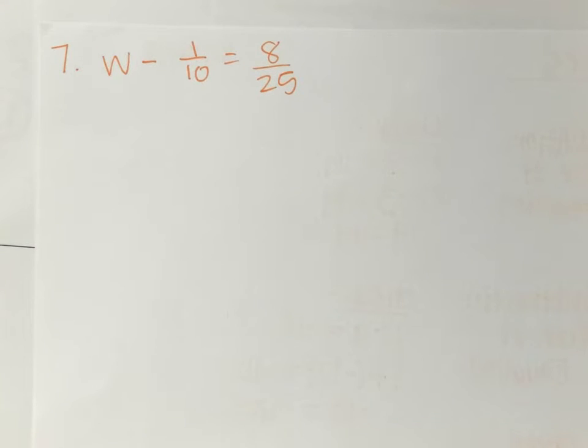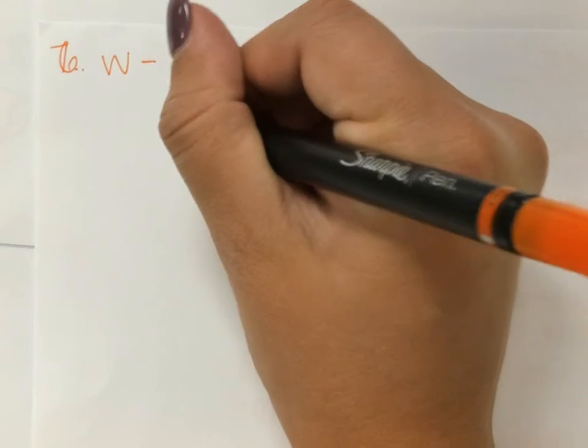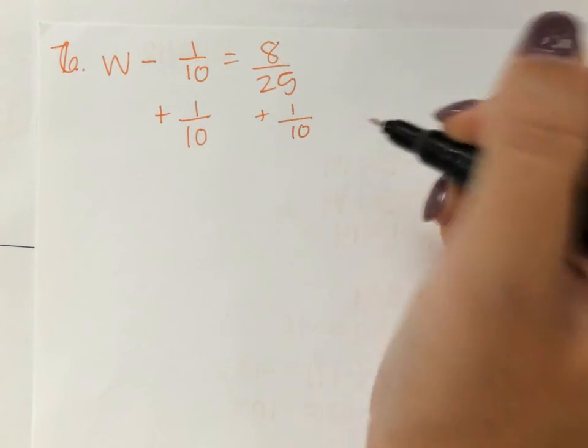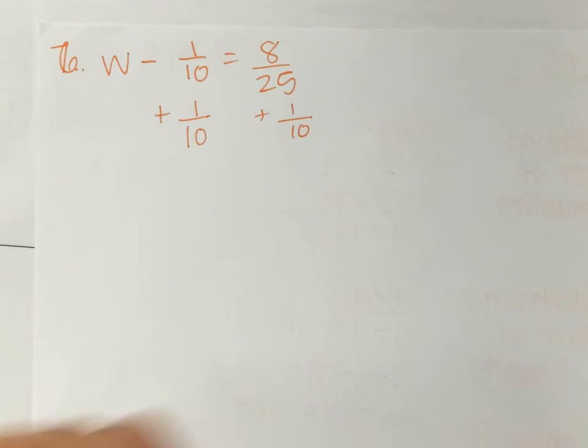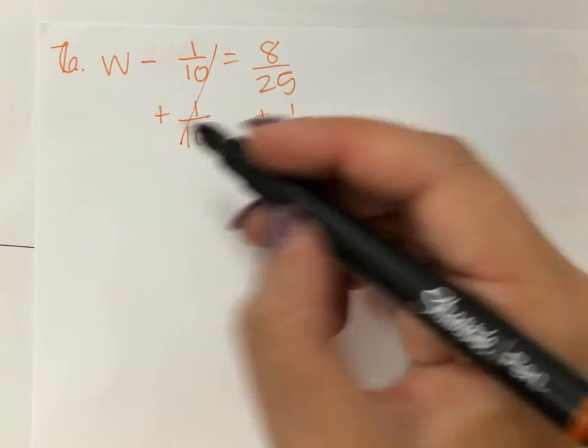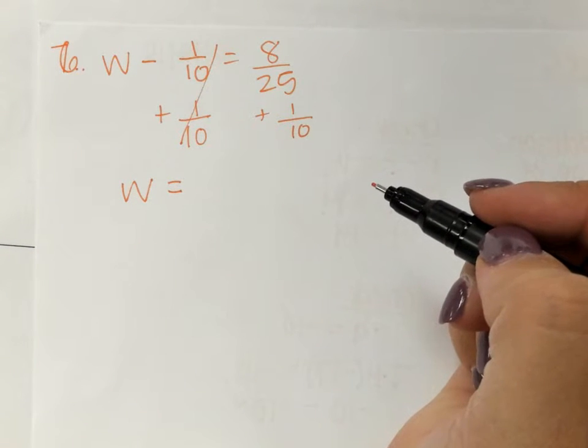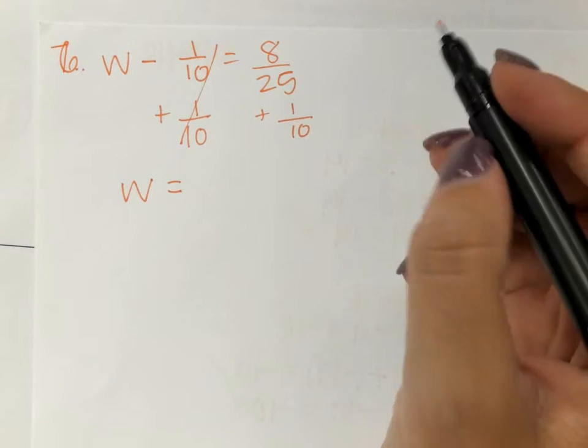So what do I do to solve for W? Add 1/10 to both sides. So then my 1/10s cancel, which leaves me with a W on the left. Then I have 8/25 plus 1/10.